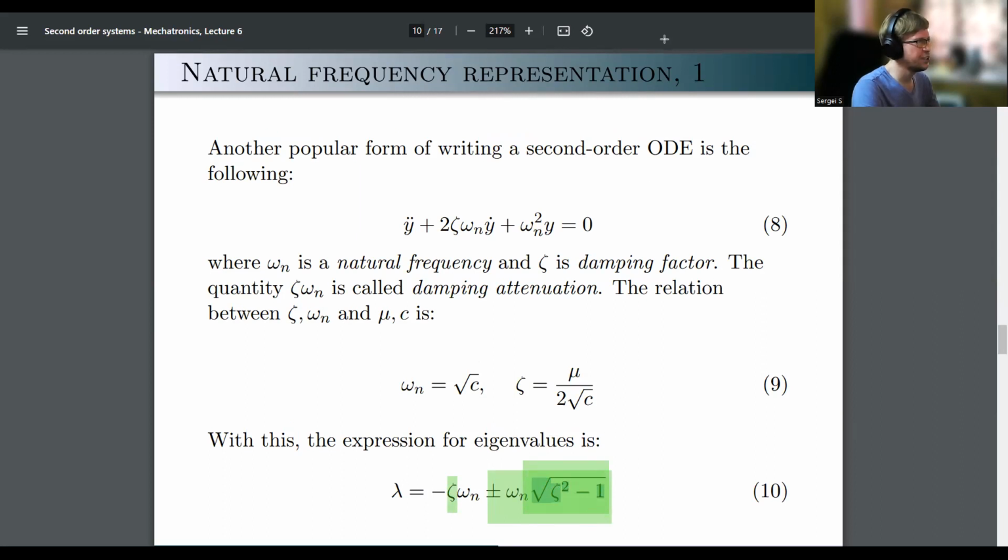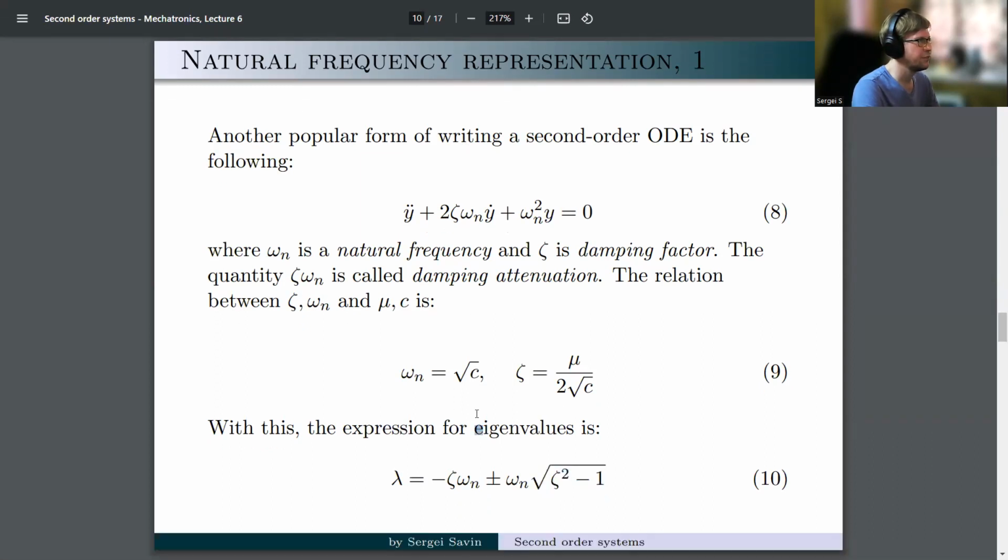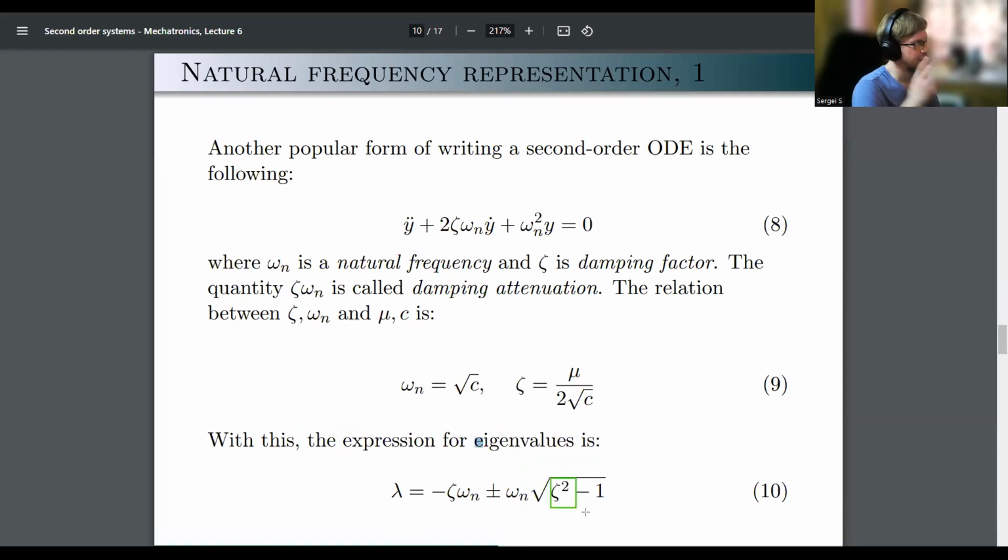Why is it called critically damped? Well, if zeta becomes any smaller, this whole thing starts to oscillate. This becomes a purely imaginary number, since zeta is less than 1, so the value under the square root is negative, and the square root itself becomes an imaginary number.